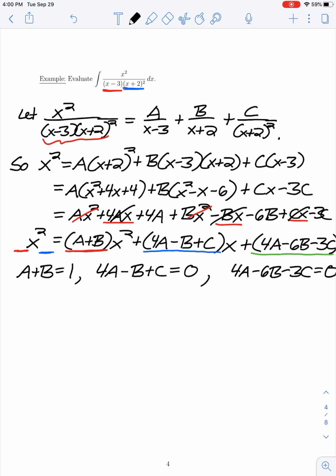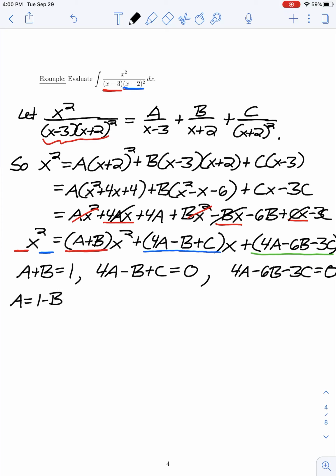So from here, we've got a few approaches that we could use to solve for a, b, and c. One approach that we could make use of is the following. We have, from our first equation, a is equal to 1 minus b.